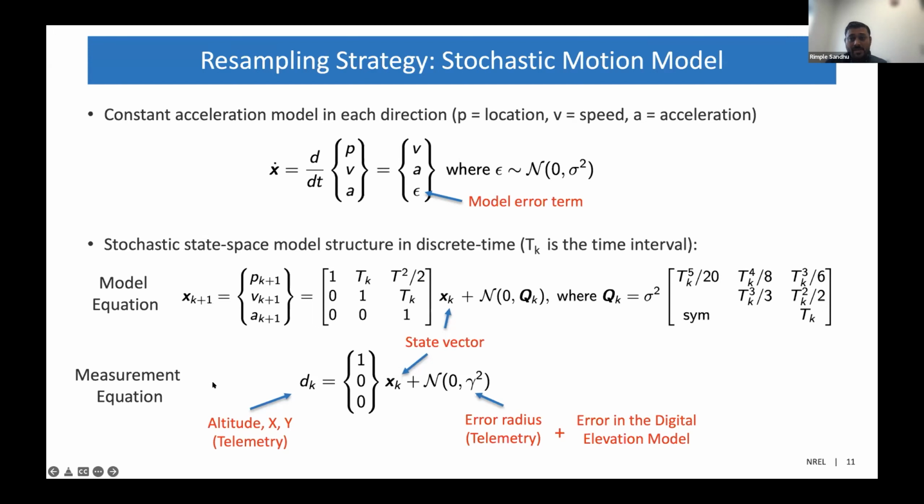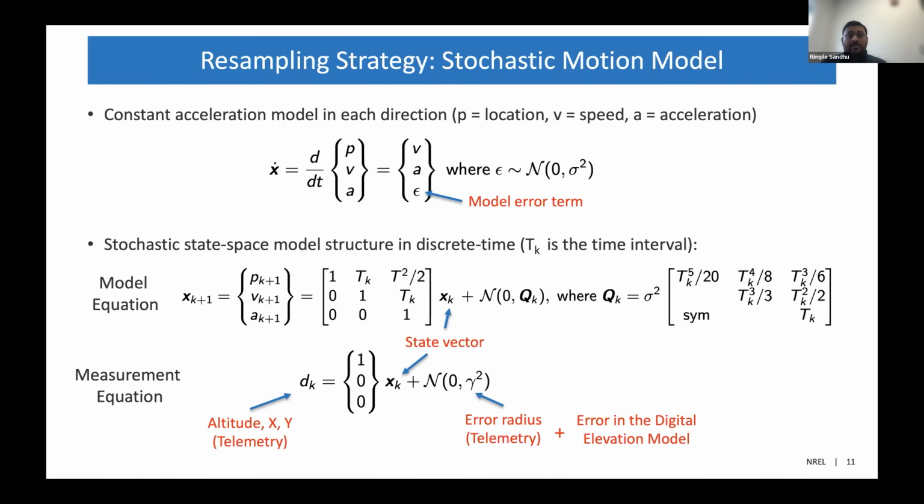Then we have the measurement equation, and that's where the telemetry data comes in. So for example, for vertical measurements, we have the altitude captured by the telemetry unit goes in dk. That gets related to the state space. And then we add this noise, that's measurement noise, that takes care of the error information from the telemetry data and also the error in the digital elevation model.